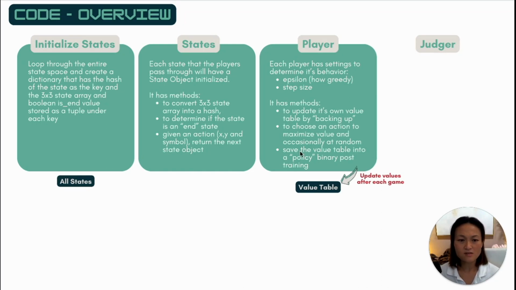And finally, there's a method that saves the value table after training into a policy binary file. So it's in permanent storage and can be retrieved the next time the player wants to play and wants to bring its best self to the game. You'll see here, from this backing up, it will keep saving onto this value table.